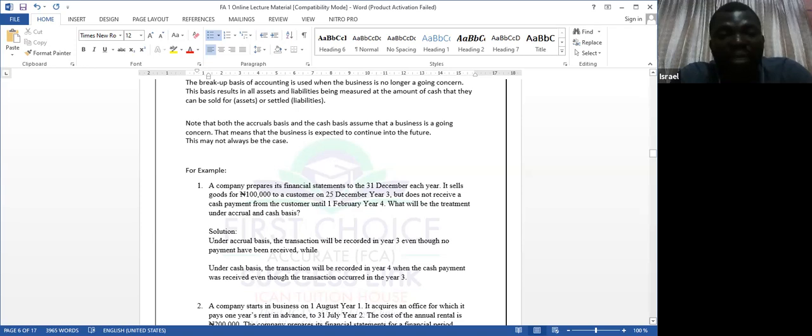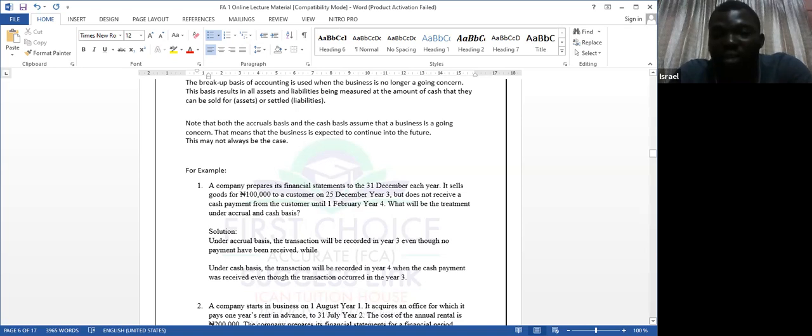Now, a company prepares its financial statements to the 31st December each year, which means our 12-month span is between January and December of every year.